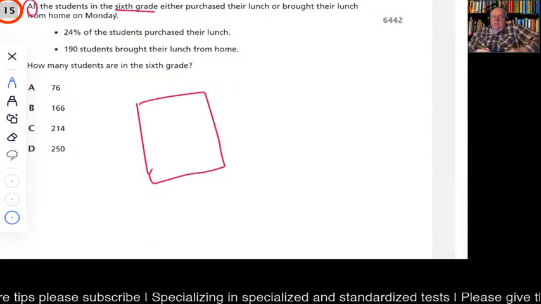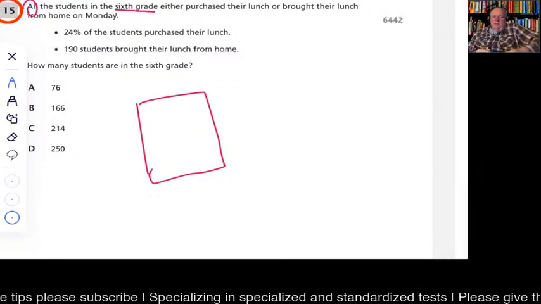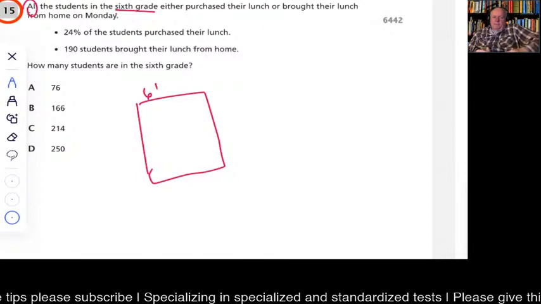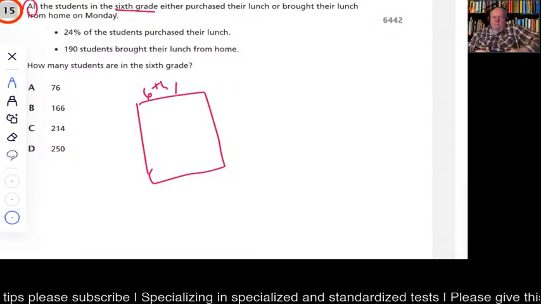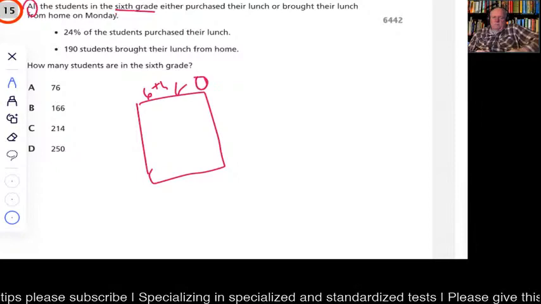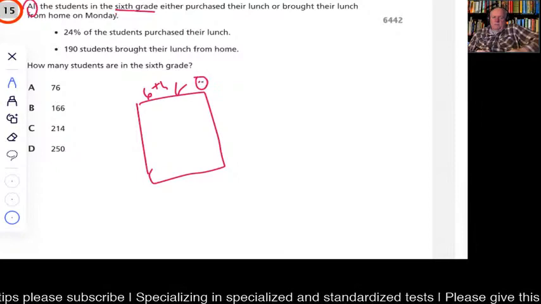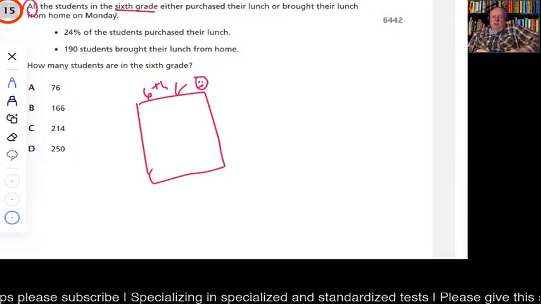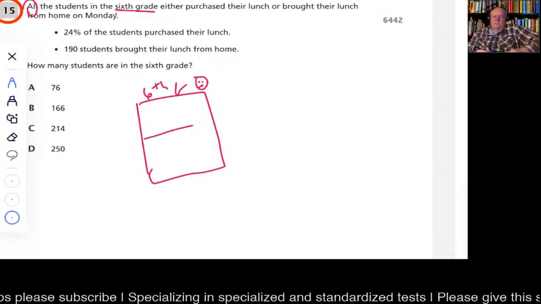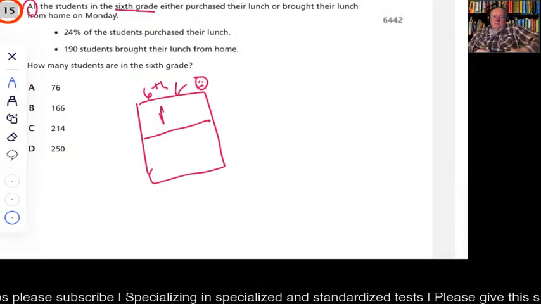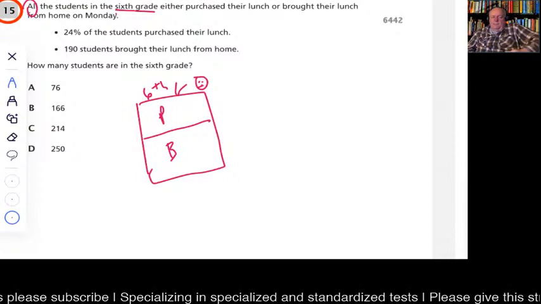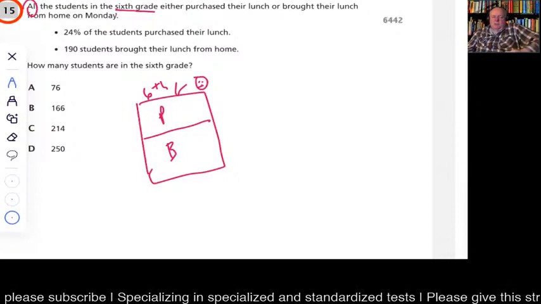And it's telling us out of 6th graders, okay, they all either purchased their lunch or brought it. Reread the sentence and make sure you see that.